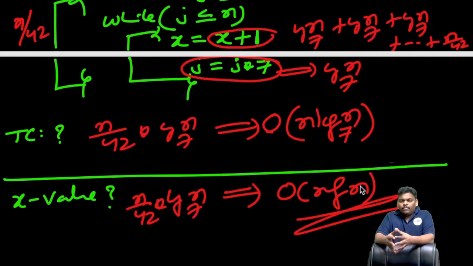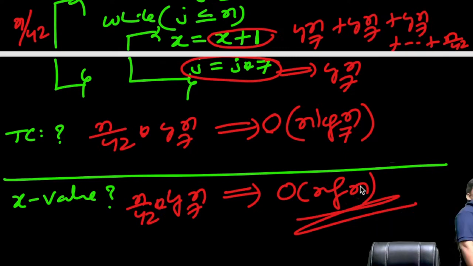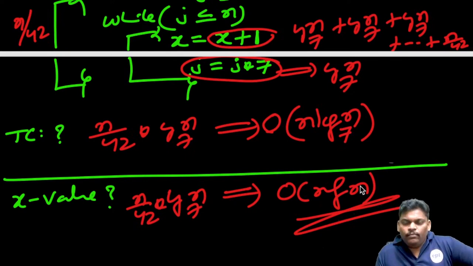Can I move to the next problem? Are you okay with this? Check once. Simply see, the first loop is how many times? N by 42. The second loop is how many times? Log n base 7. So time complexity: inner loops multiply because there is no dependency. What about the x value? Check carefully.